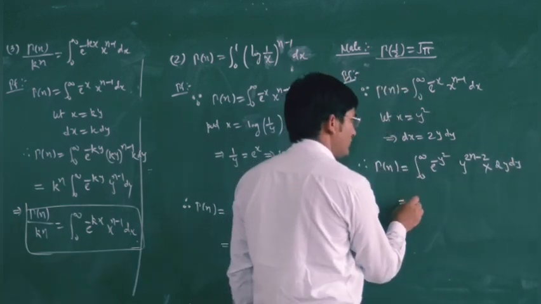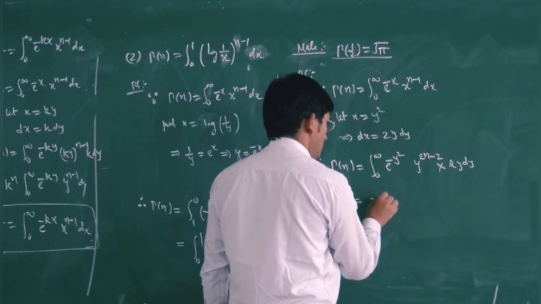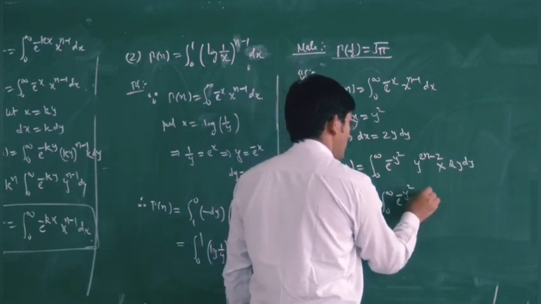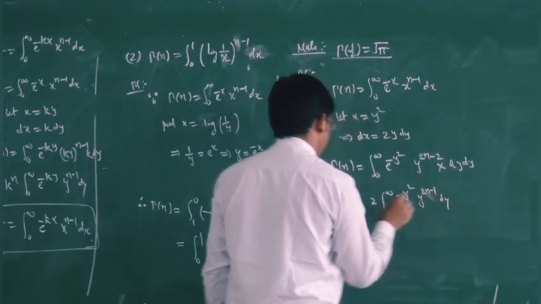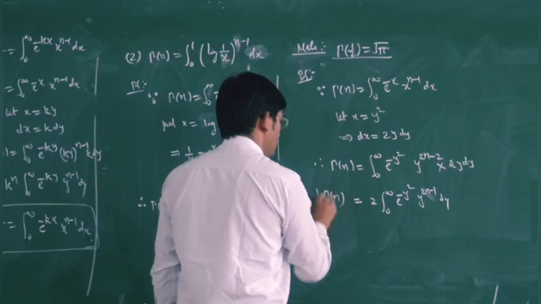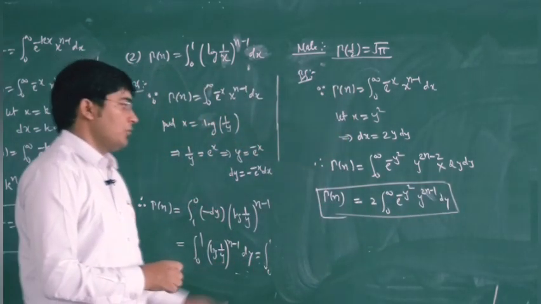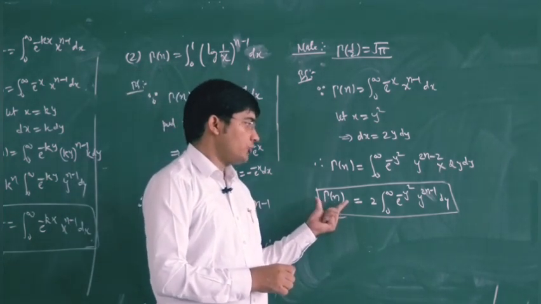So this is equal to 2 times integral 0 to infinity e power minus y square into y power 2n minus 1 dy. So this is your gamma n. Put n equal to half.